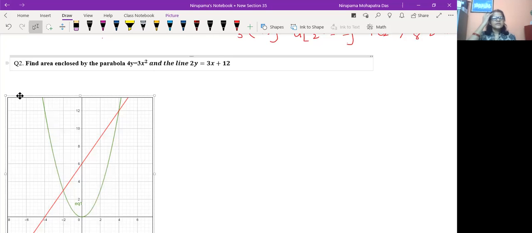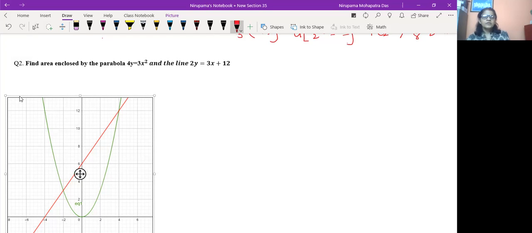Find the area enclosed by the parabola 4y equal to 3x square and the line 2y equal to 3x plus 12. Okay, so exactly similar questions.